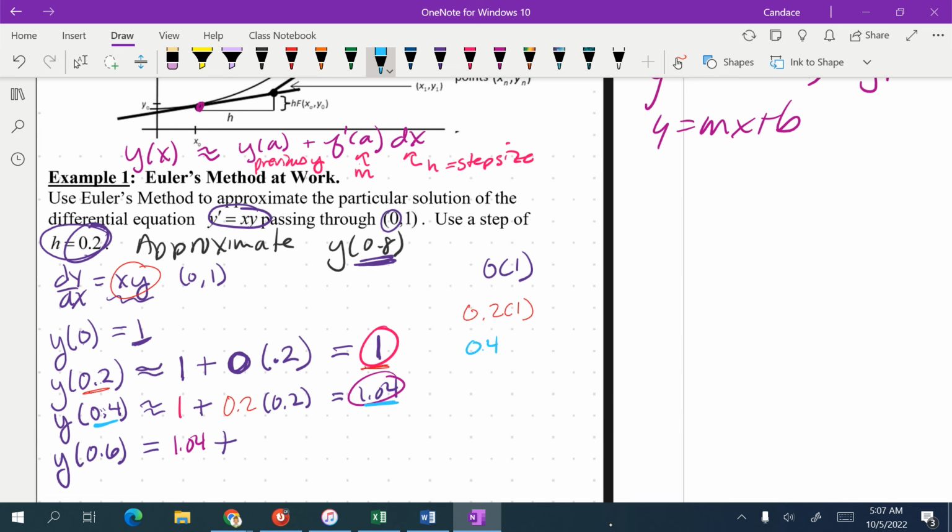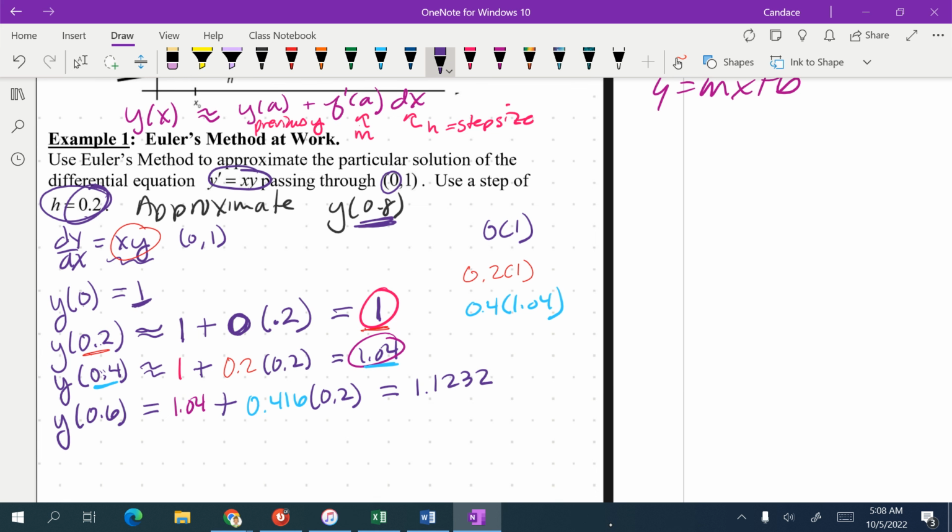So 0.4 times 1.04, that's the derivative. When I multiply those two together, I get 0.416. Then I multiply by my step size of 0.2. When I multiply all that out, I get 1.1232.